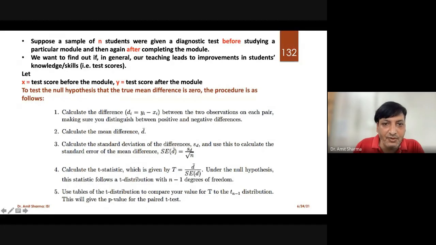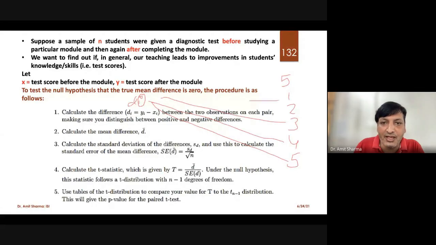In the 5 steps, we have to calculate the difference of the individual, Di. Here i stands for individual reading. For example, if we have 5 students in a group, student number 1, 2, 3, 4, and 5 will all be considered as this i.